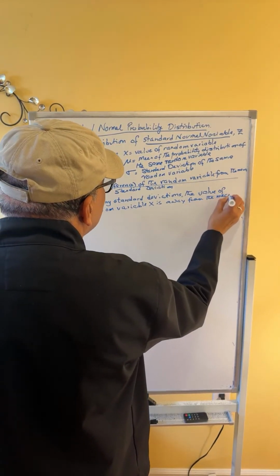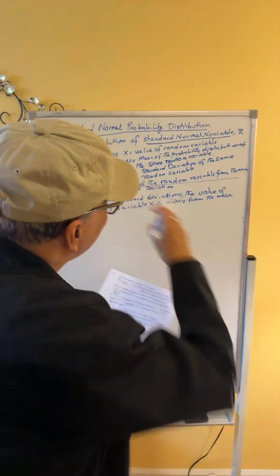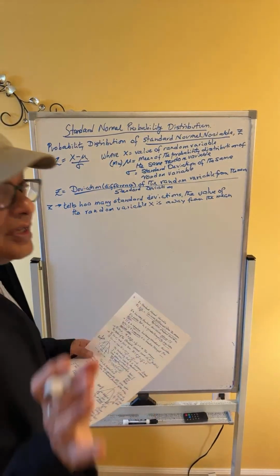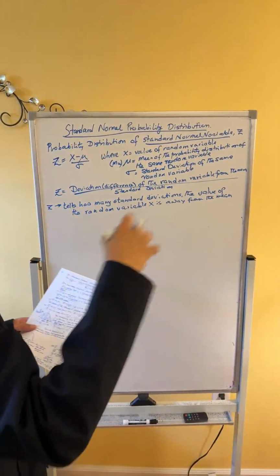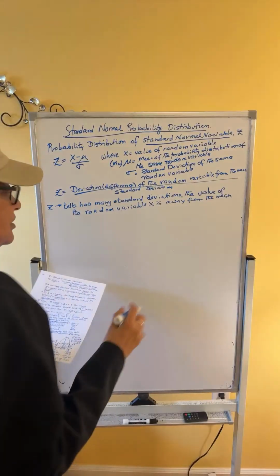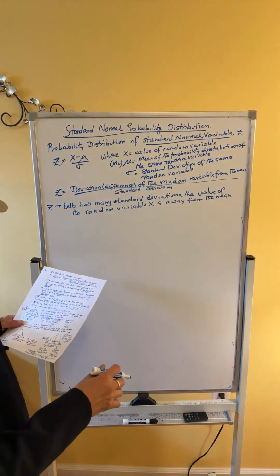Remember, x is the value of the random variable. The z-score tells us how many standard deviations the value is away from the mean.